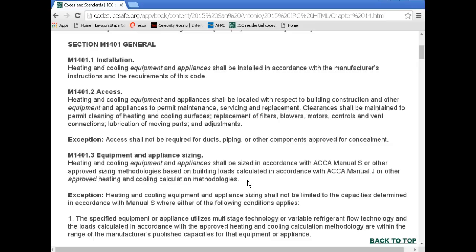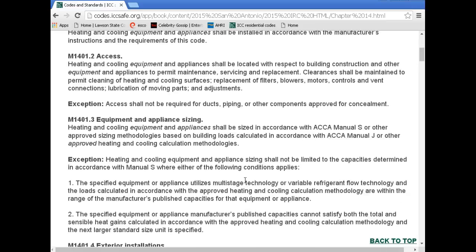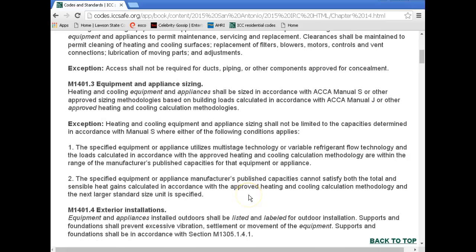So, Manual S is a manual very few people get into. Manual S is equipment selection. That's where the S comes from. Selection. And it talks a lot about the latent load and what kind of latent capacity you have with equipment and determining that.